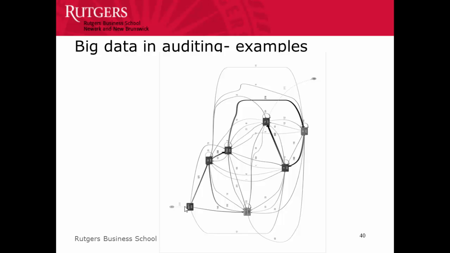You can see there are so many ways of completing a transaction in this system. The one with the darkest color is the one that they should follow. However, in this ERP system, they identified more than 300 ways of completing the transaction.